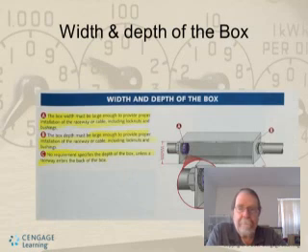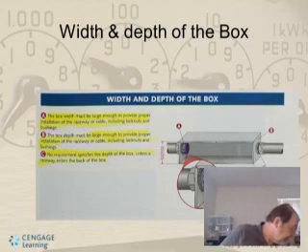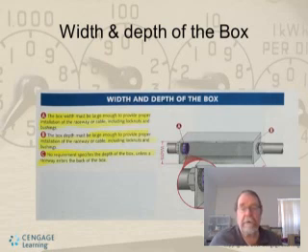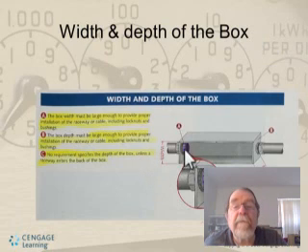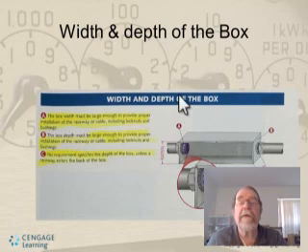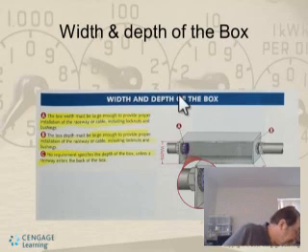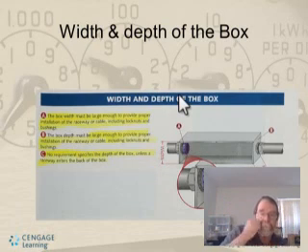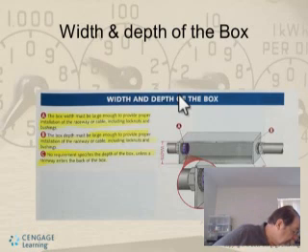Now, do this next one. The box width must be large enough to provide proper installation of raceway or cable, including the lock nuts. If you look here, we're talking about what is threaded, and they have a little nut that goes on the end of this piece of conduit, or raceways they call it. It's also called conduit. And the box depth must be large enough to provide proper installation of raceway or cable, including lock nuts and bushings.